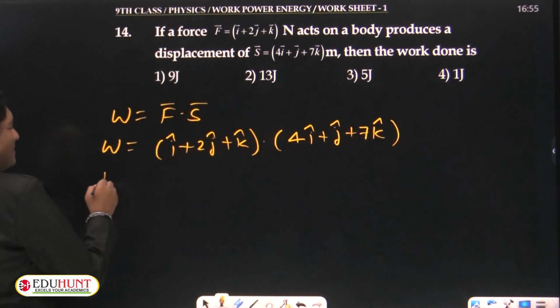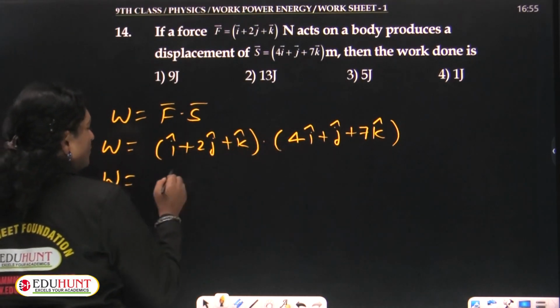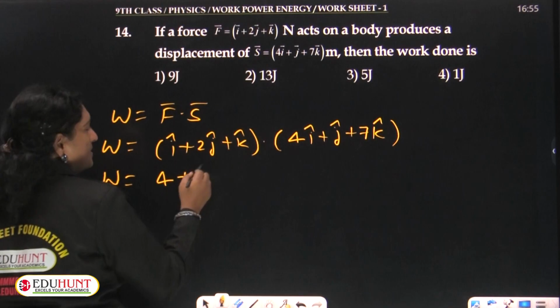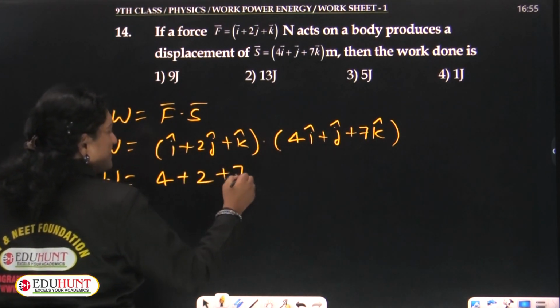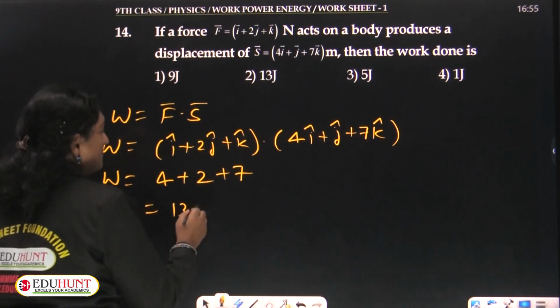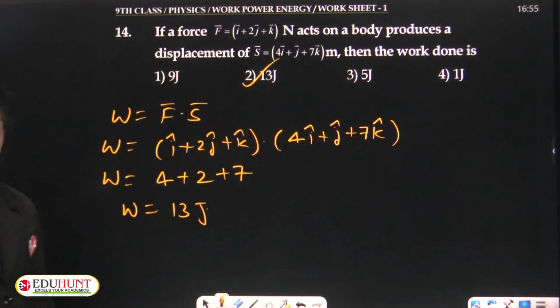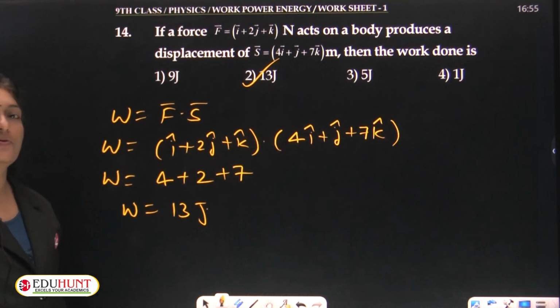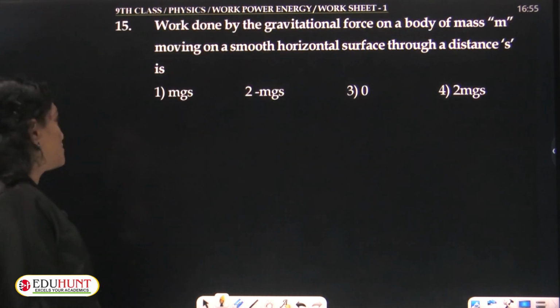Multiplying further, we get work done: 1 into 4 gives 4, plus 2 times 1 gives 2, and 1 times 7 gives 7. Therefore, the total work done is 6 plus 7, that is 13 joules. Second option is true. Getting me, children?